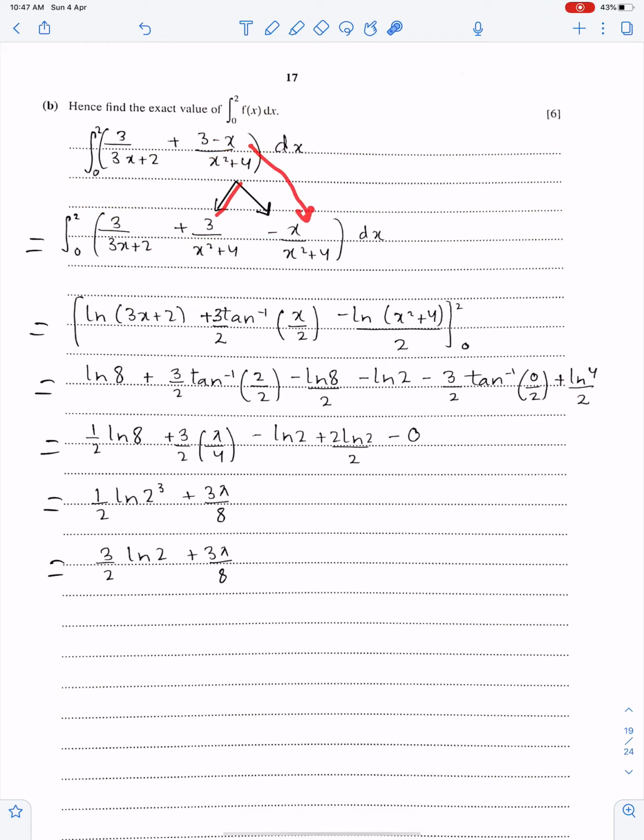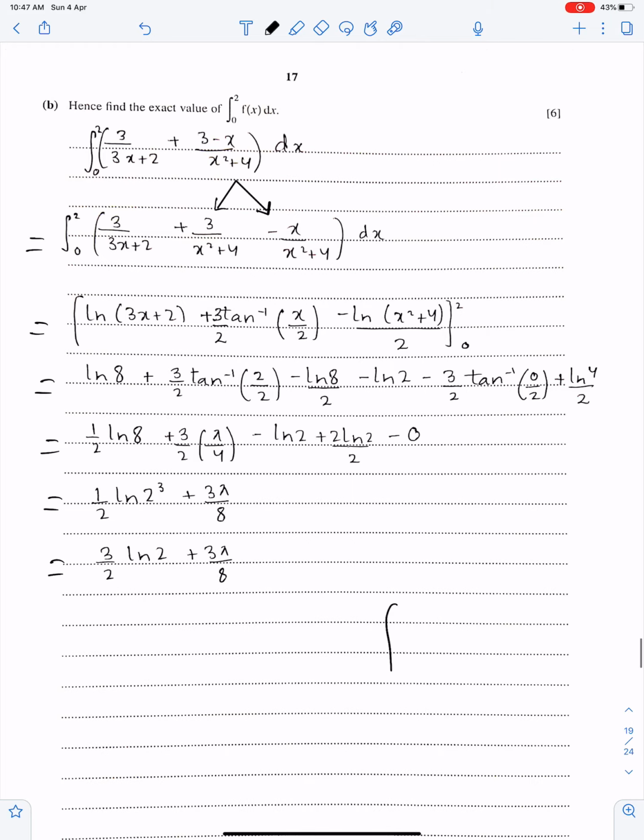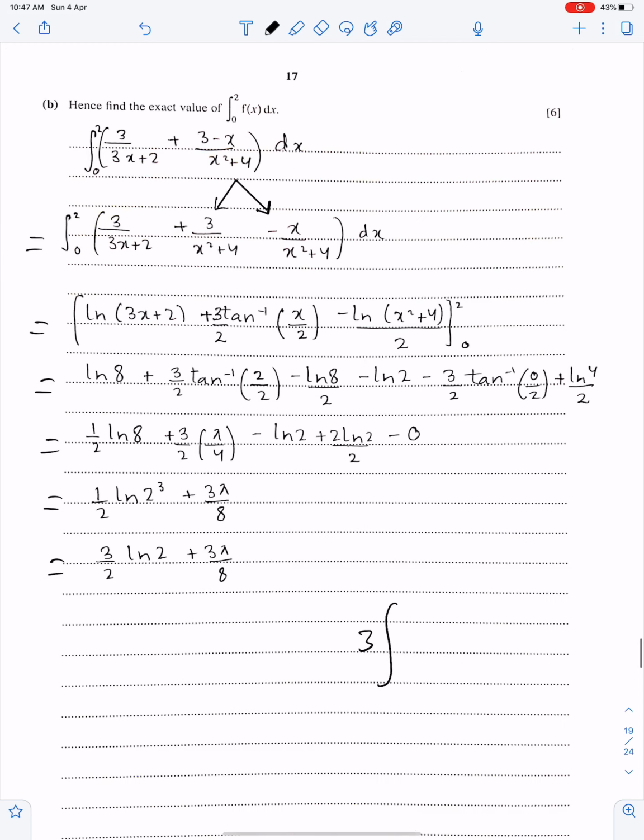3 minus x. Now this is the structure of tan inverse, and this is the application of basic formula 2. So this will become 3 upon 2. Let me integrate this here. 3, 1 upon x square plus 2 square.